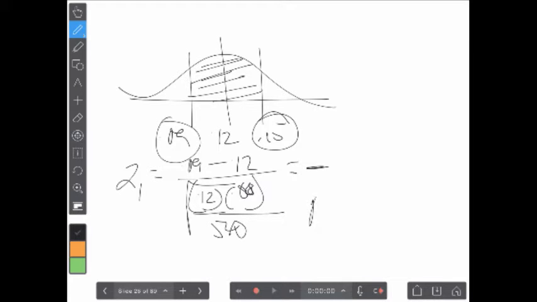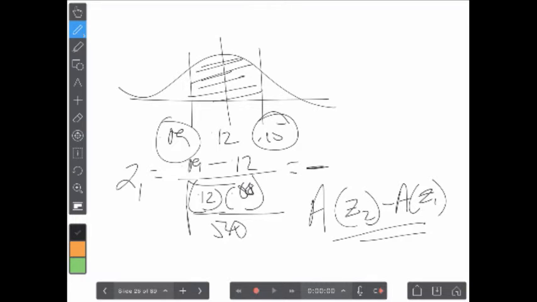Then you simply need to find the area between those two: AZ2 minus AZ1 would be the probability. AZ2 will give us all of this area under the table, and AZ1 will give us this area under the table. When I subtract my orange area from the green area, I will get the area in black, which is what I'm looking for.